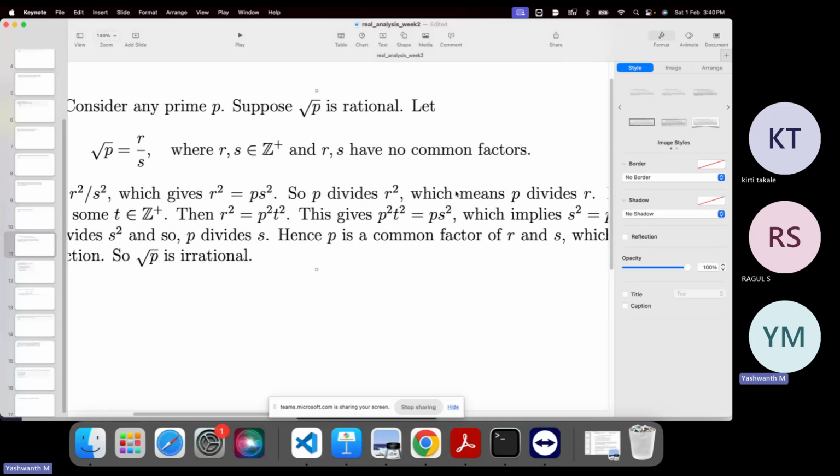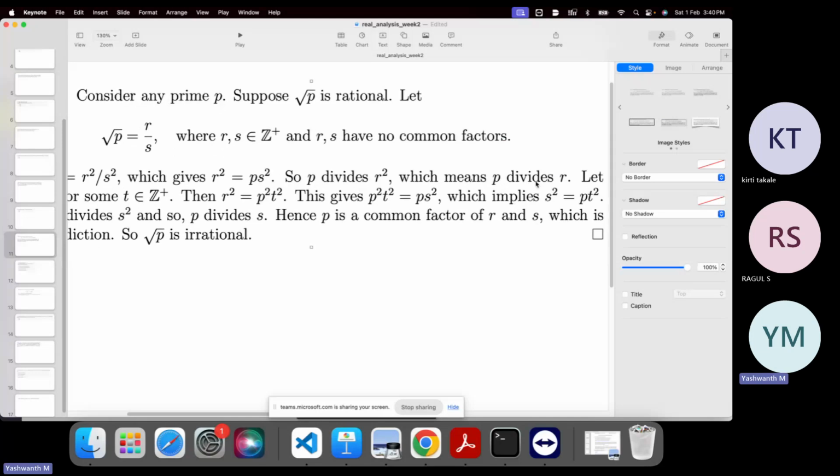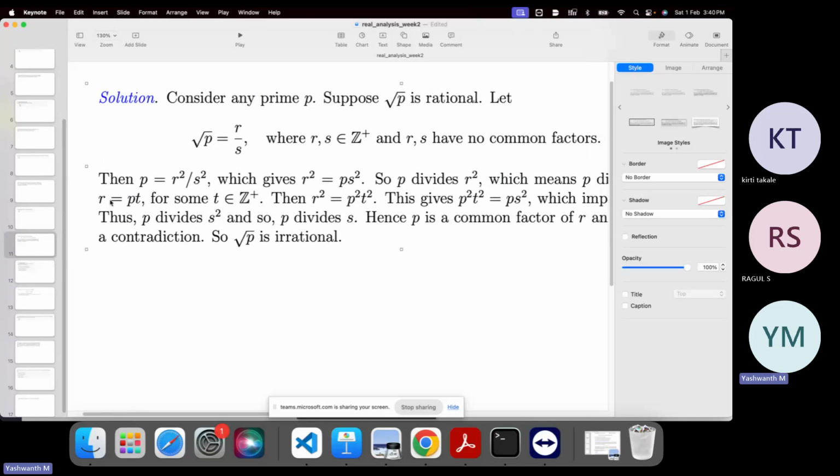Why is this true? Because if any prime number divides a product ab of two numbers, it has to divide either a or b. There's a result. So using that, it has to divide r. So when we know p divides r, r can be written as p times t for some t. Then again, we can do this, right?